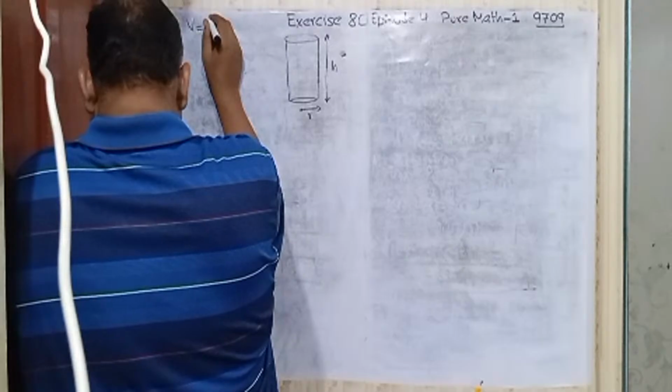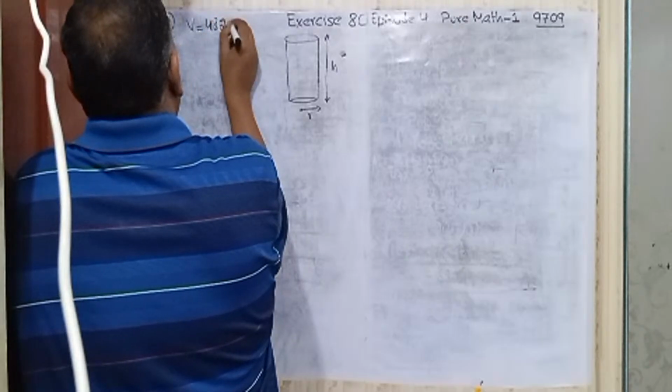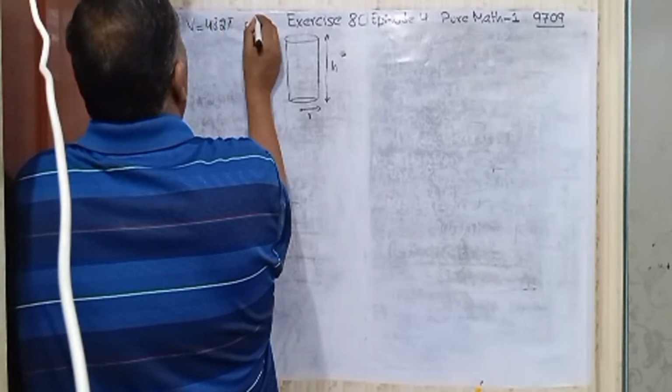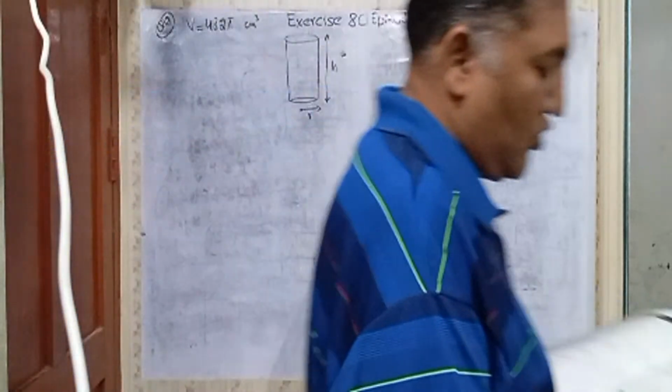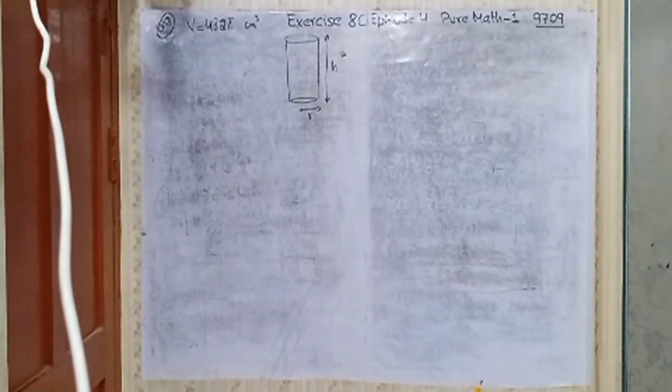That is 432 pi centimeter cube. So you have a cylinder whose radius is r and the height is h. The volume of this cylinder is 432 pi, and we want to represent the h in terms of r. This is the a part. H in terms of r.